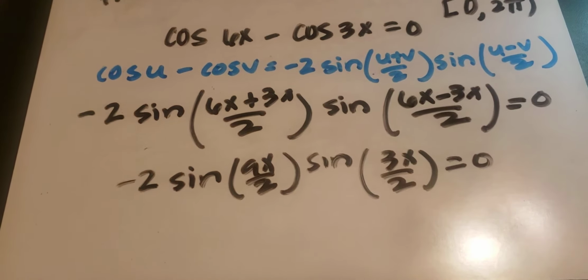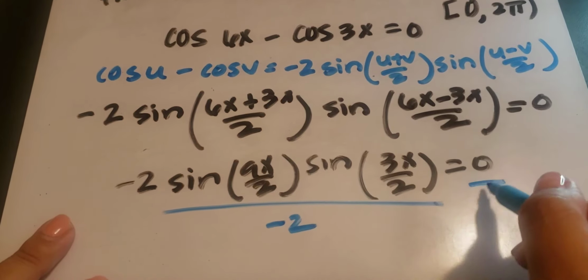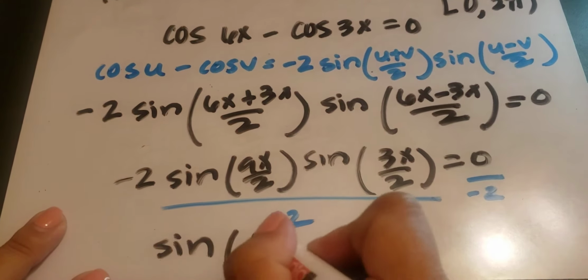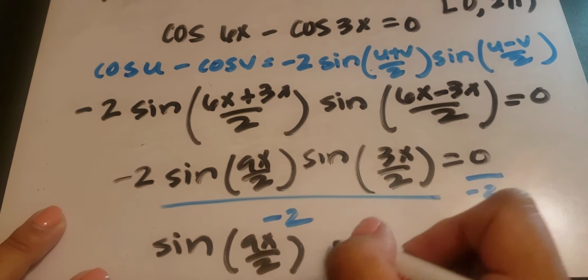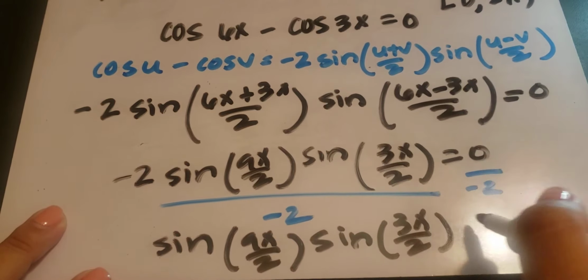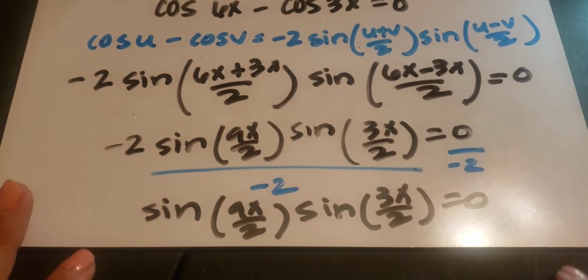And then remember, we are solving, so maybe divide both sides by -2. And then this will give us sine of 9x/2 times sine of 3x/2 still equal to 0. Okay, so basically we just got rid of the -2.